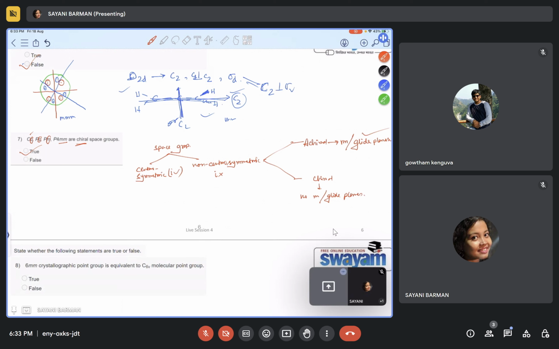Yes, because chiral, like if four ligands are there, they are not equal. So no mirror planes or glide planes can be generated. So these are chiral, but here these are all achiral space groups. So this one is false, because these are all achiral.